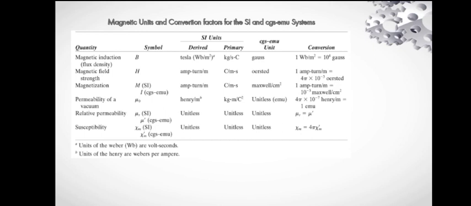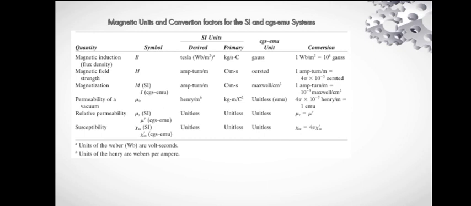Next is the permeability of vacuum, which is denoted by mu 0, a universal constant which has a value of 4π×10^-7 H/m, or is equal to 1 in CGS.